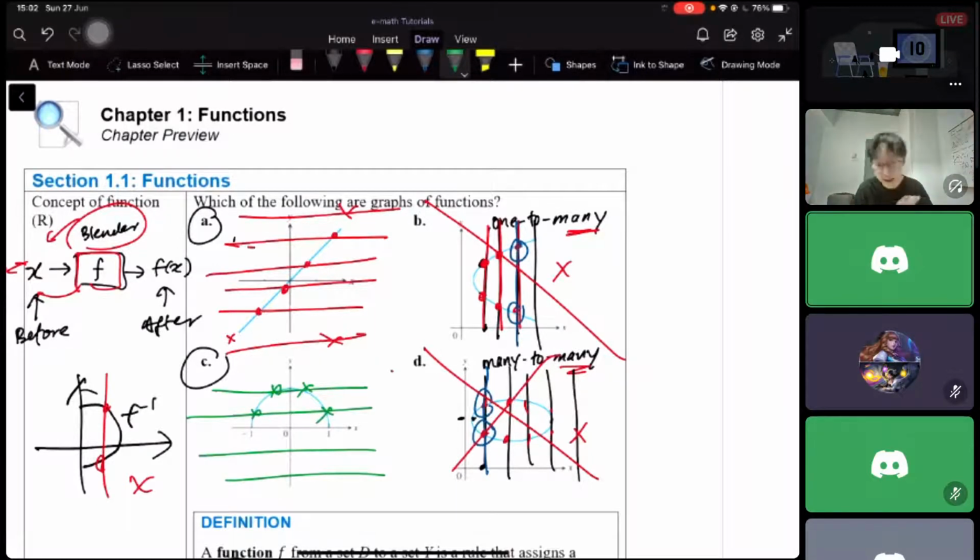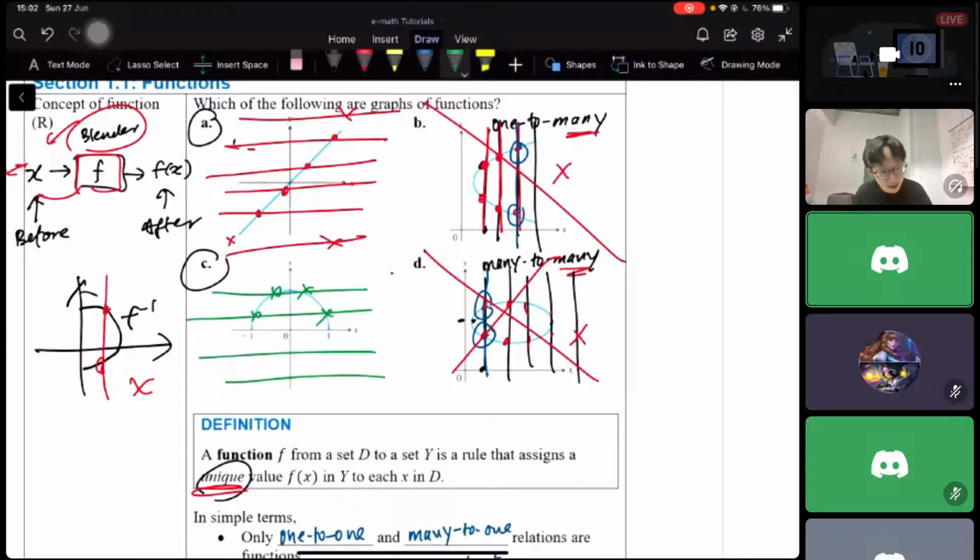So it's exactly the same procedure as your vertical line test, just that you are drawing horizontal lines. If there is more than one intersection per horizontal line, these functions do not have an inverse function. No inverse function.